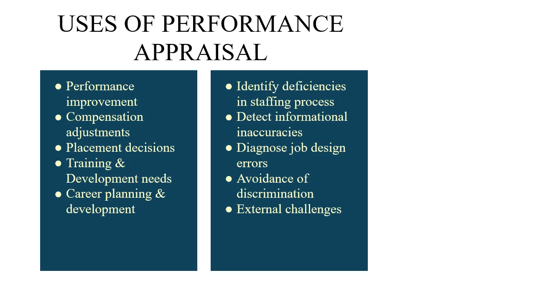Placement decisions: identify the strengths and weaknesses of the employees, identify which work they are good at and place them accordingly. Then training and developmental needs can also be identified based on the performance appraisal results. Identify the weak area of the employee, train them and see to it that the performance improves.